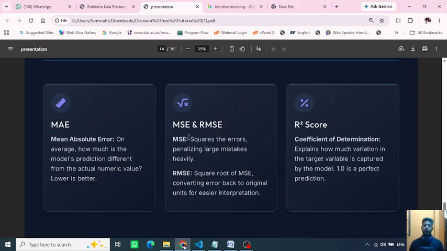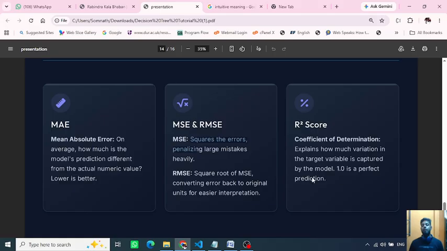Actually, again I'll try to explain in short. Suppose there is a minor error. If we only use the MAE, you can ignore it. But if you square it, using MSE, the value will be bigger, and it will highlight the error.